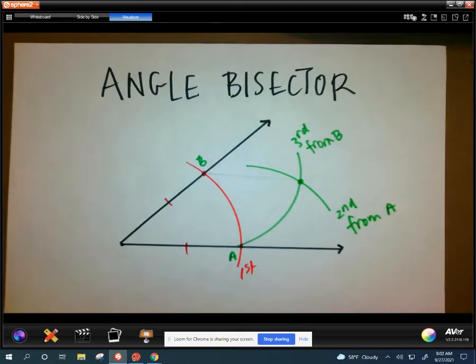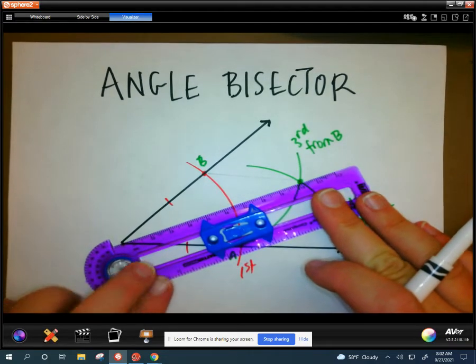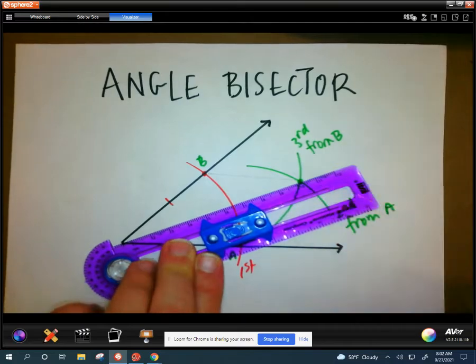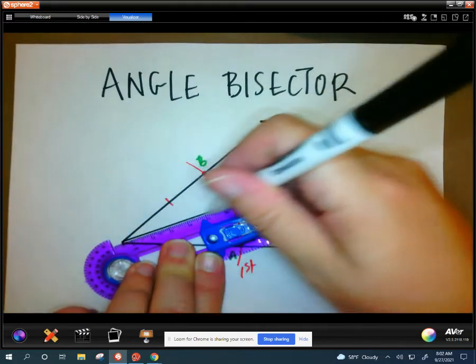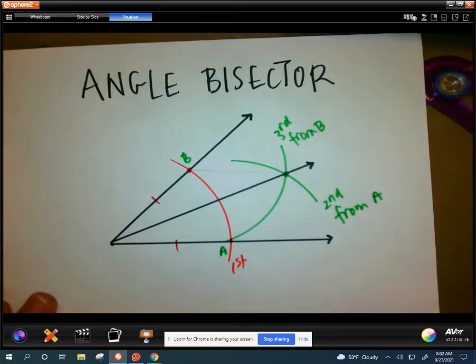And now this is what I'm going to do. I'm going to draw my ray that cuts the angle in half by using the vertex and this point I found from the intersecting arcs. And now I just need to give my triangle some more labels.